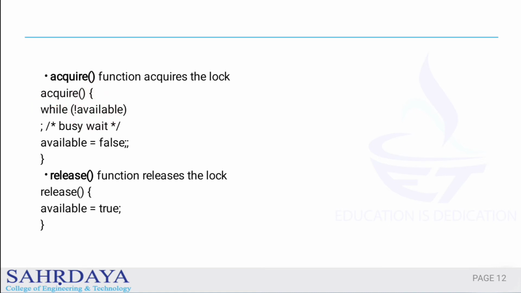This is the definition of the acquire function: acquire() { while (!available); available = false; }. It acquires the lock only if it is available.